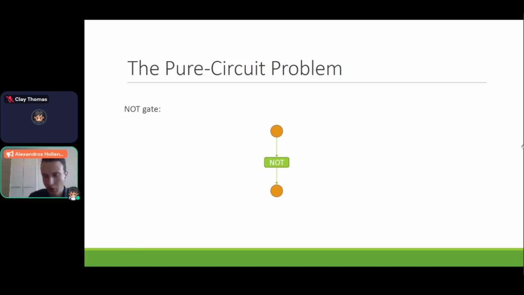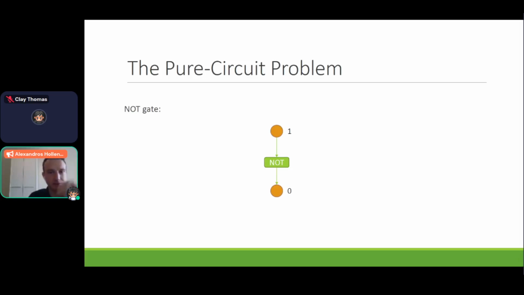All right, so one input node, one output node. What does a NOT gate usually do in a Boolean circuit? Well, if you give it 0 as input, it outputs the negation, which is 1. If you give it 1 as input, it outputs 0, the negation. That's all that can happen in a standard Boolean circuit.